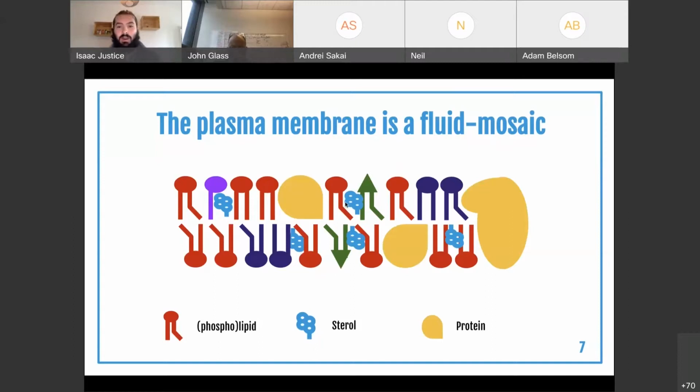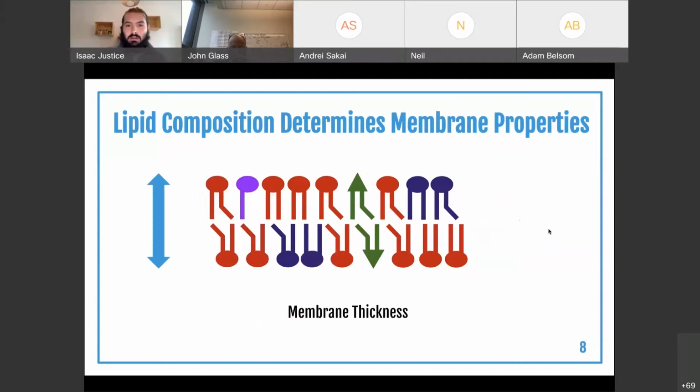And finally, you have both peripheral and integral membrane proteins, and these proteins need a tightly defined microenvironment to function properly, and that environment has to be provided for them by the lipids. The lipids determine the membrane properties which allow the proteins to function.